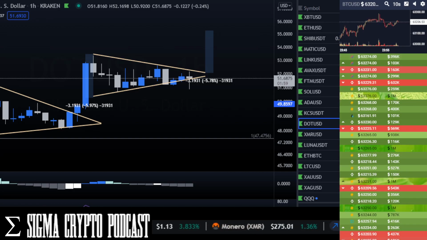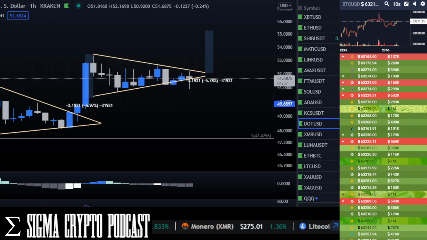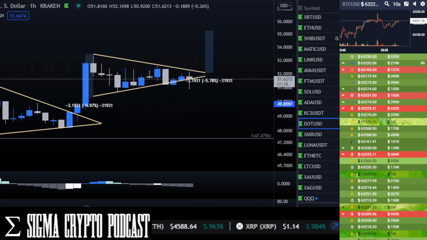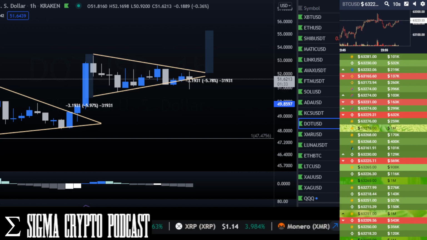Yep. Another thing, this isn't TA, but I want to keep harping on this point of not picking random numbers. A lot of these noobs think they're geniuses. They'll say, I'm not selling my Shiba until it goes to 1 cent. Do you really think these giga whales aren't waiting for it?